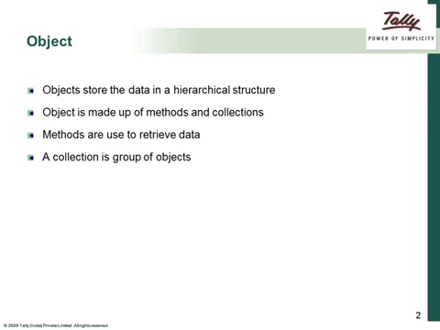Take the base example: ledger is an object. It stores data in a hierarchical structure. This ledger object is made up of methods and collections, like the address. Methods are used to retrieve the data, like the name of the ledger, the group of the ledger, the phone number of the ledger.